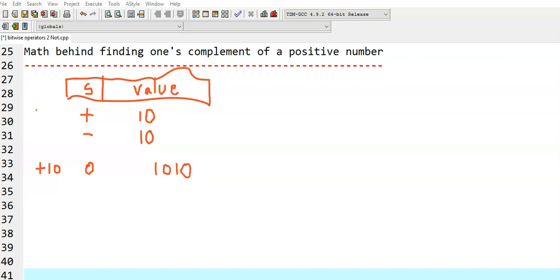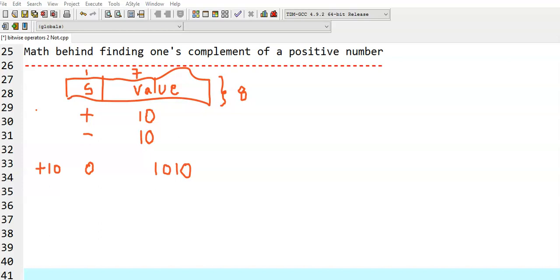But in an 8-bit register, 1 bit goes to the sign value and the remaining 7 bits go to the magnitude value.